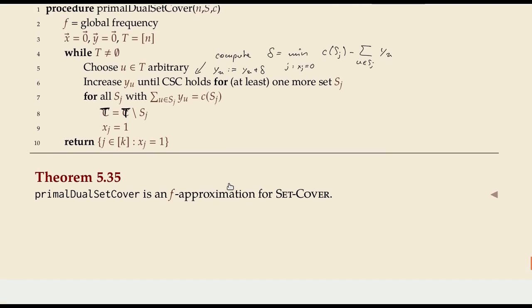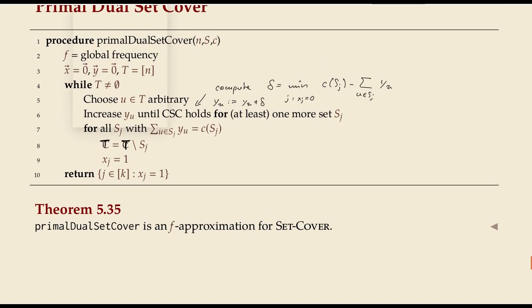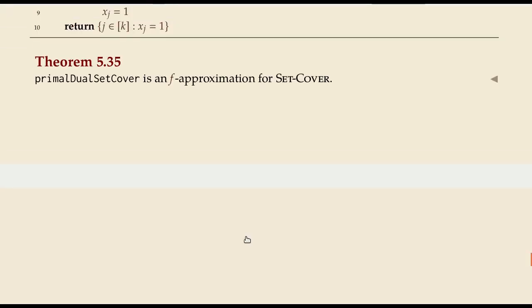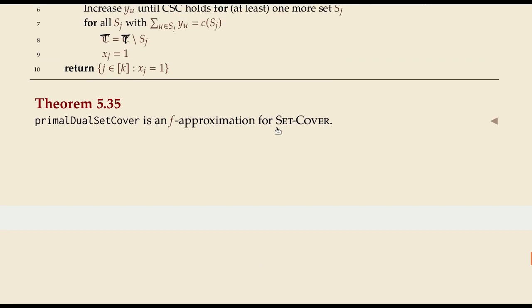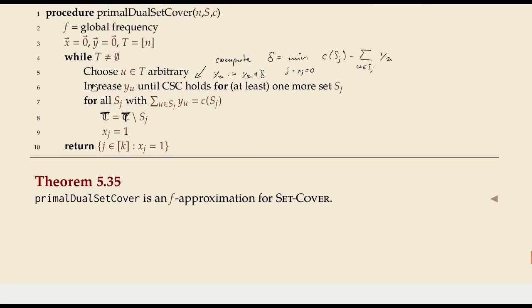Okay, and what's missing is the approximation guarantee for this method. And we can show that this is again an F approximation for the set cover problem. So again, we have these two approximation ratios that we had initially. The dual fitting approach, where we had the scaled Y solution, gave us an HN approximation, and the primal-dual approach in this formulation gives us an F approximation.